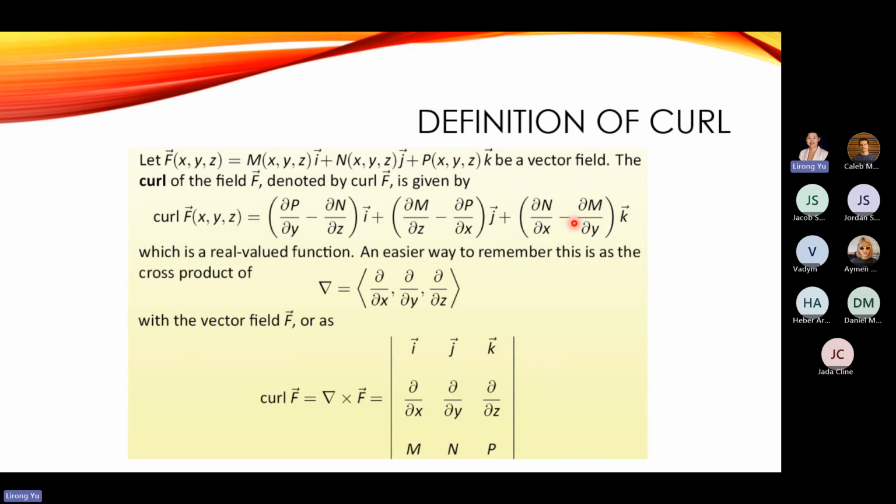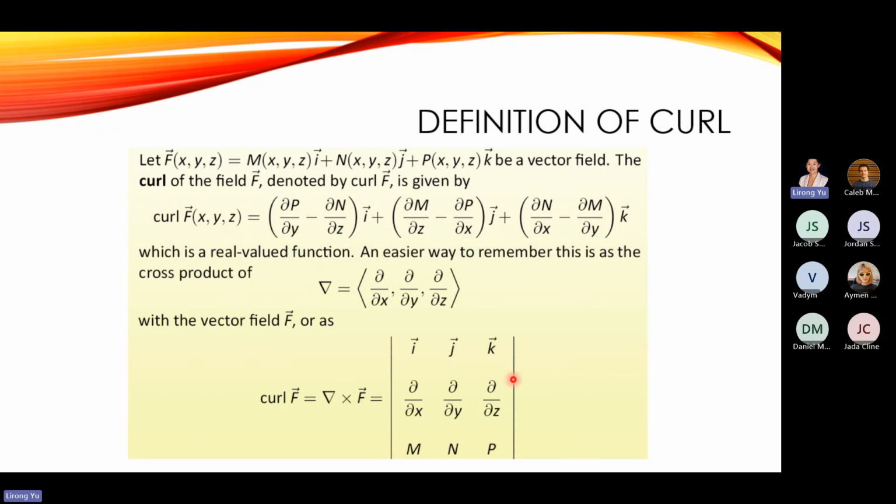If you have a two-dimensional curl calculation, it will be 0, 0, and that. There's some difficulty in remembering how curl is defined. The top 3 lines define the formula for curl, and the bottom, the big half of the page, explains how we can remember curl easily.